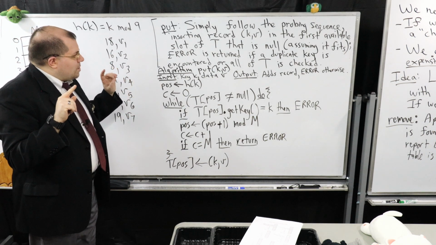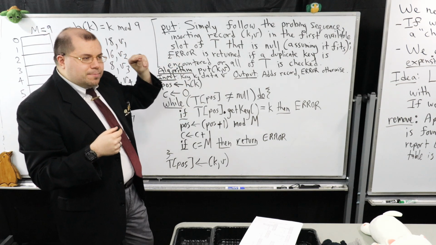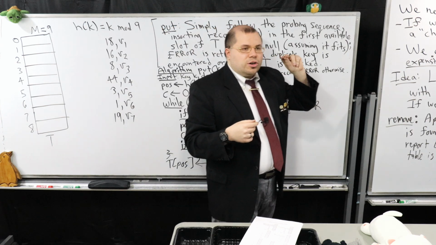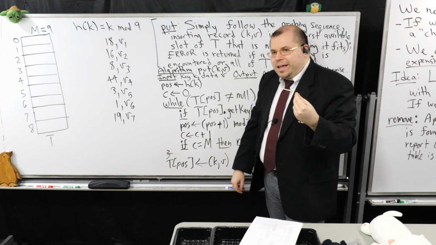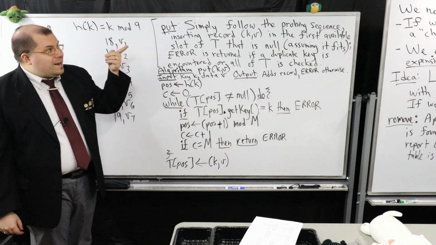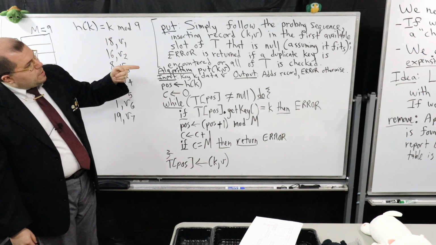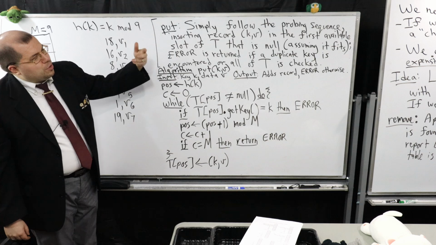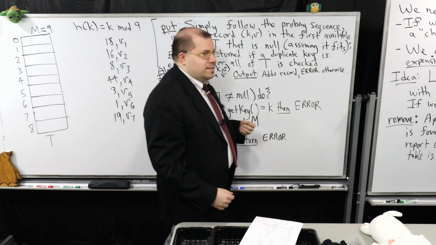So recall that in linear probing, the idea is that I attempt to search at that position. Then if I don't find it there, or I can't insert there, I will go from wherever h of k takes me and increment it by 1. So I check out h of k plus 1 mod capital M. Remember, capital M is the size of the table.